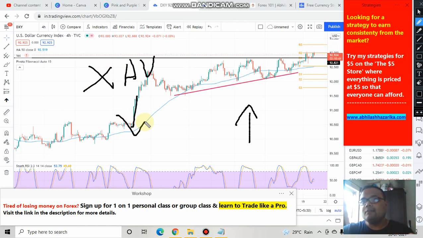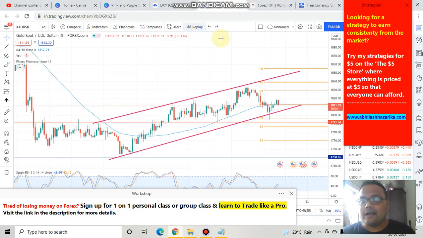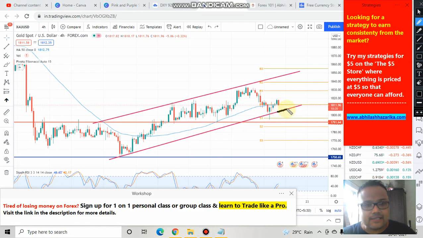Considering the strength of the dollar, if you want to take a trade in gold USD, I'll recommend buying at the support level. In case it crosses or breaks the support level, just avoid gold USD until it comes down to a proper support level like this or like this.